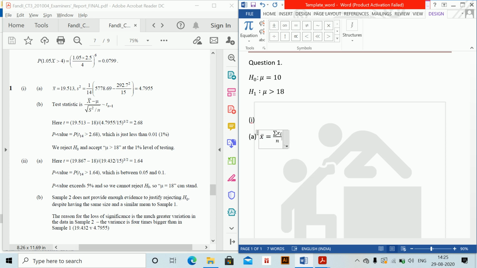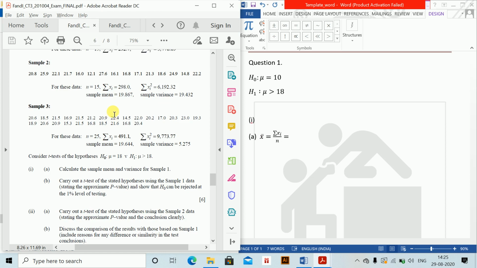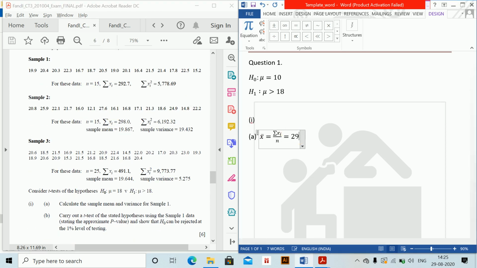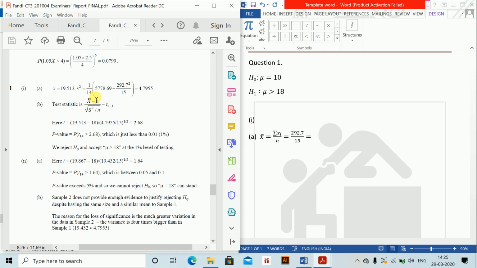We have the summation of xi, which is 292.7, and divided by n, which is 15, gives us a value of 19.513.